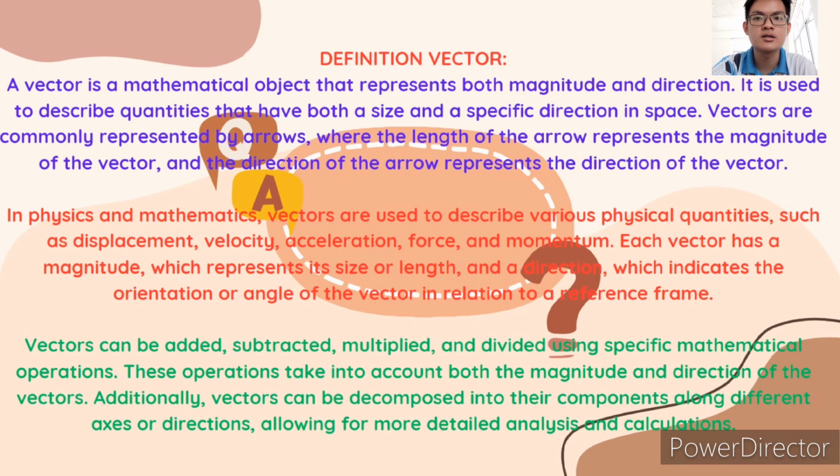A vector has a magnitude, which represents its size or length, and a direction, which indicates the orientation or angle of the vector in relation to a reference frame.